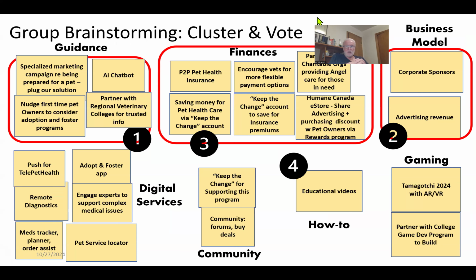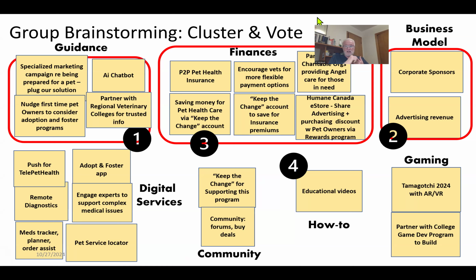And so what we have now is you end up with these different areas. In guidance, specialized marketing campaign, really being prepared for a pet, an AI chatbot to support that, nudge first-time pet owners to consider adoption and foster programs, partner with regional veterinary colleges for trusted information to help people.